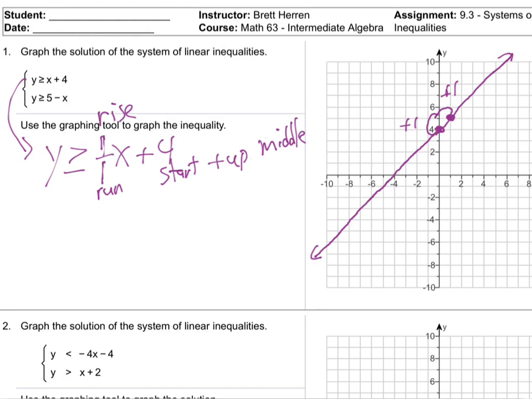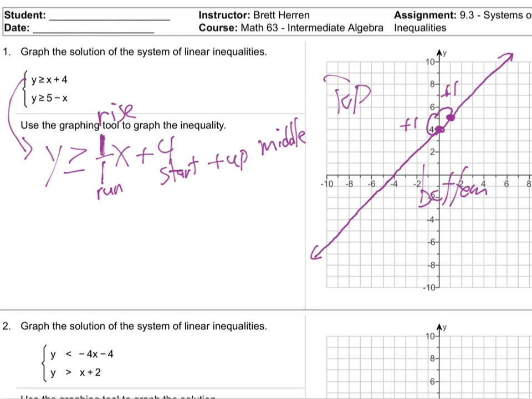But not only that, there's also shading. It's not just the line. You're either going to shade up here, the top of the line, or you're going to shade down here, the bottom, the whole bottom or the whole top. How do you know which one? It's greater than x. It's the top.